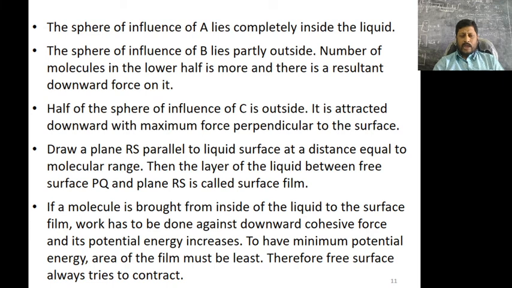Therefore, if a molecule is brought from inside the liquid to the surface film, work has to be done against the downward cohesive force and its potential energy increases. To have minimum potential energy, the surface of the film must be least.